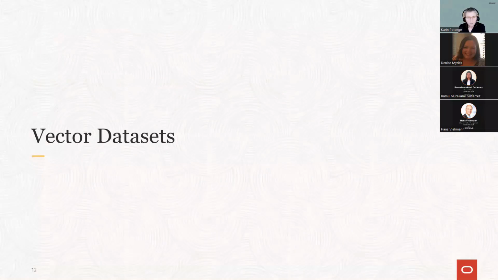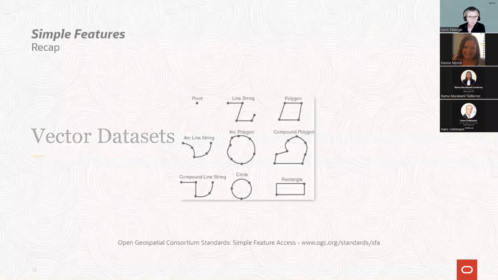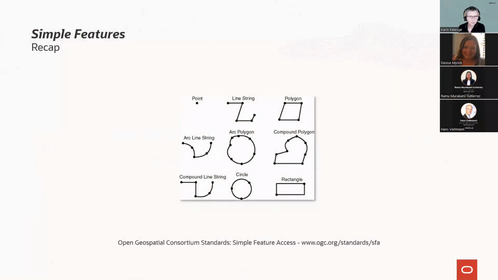Let's start with having a look at different vector data sets that are available and which I've used in the past to do demos, projects with customers, projects with partners, and I wanted to share those. But before I do so, also a brief recap on vector data and the different types of vector data.